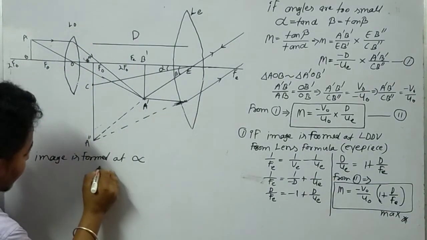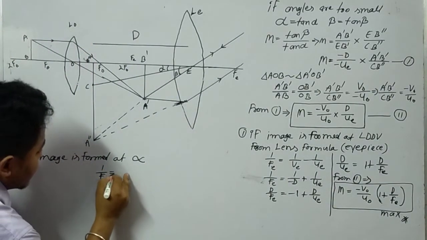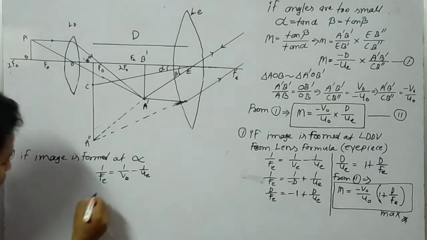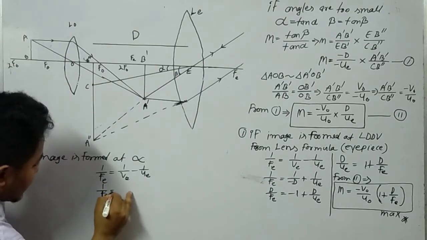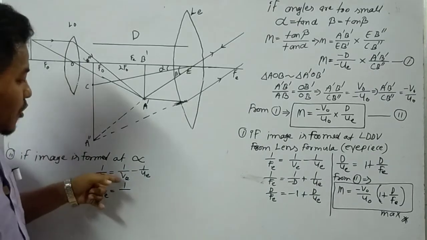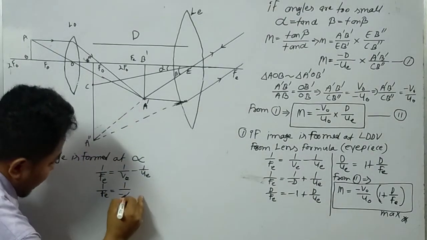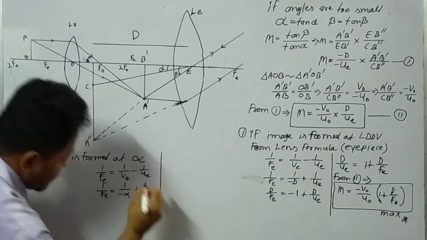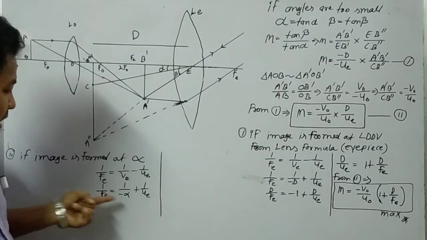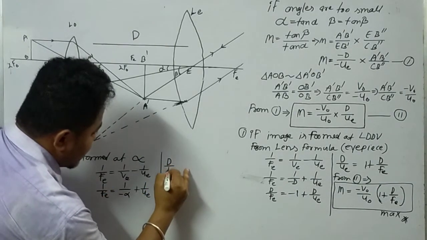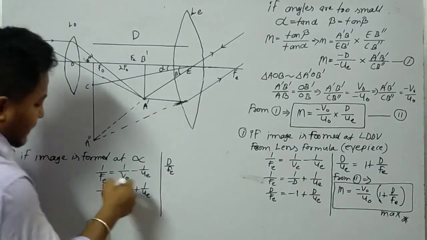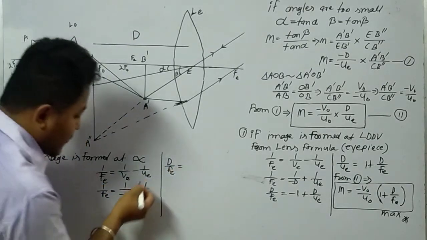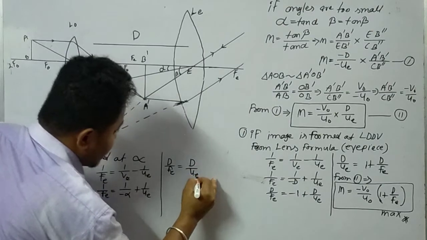So from the lens formula we can write 1/Fe is equal to 1/ve minus 1/ue. So 1/Fe is equal to 1/ve, where the image is forming at infinity, so 1 by minus infinity, plus 1/ue. Again the same process, multiply both sides by d, so it becomes d/Fe. The first term is 0, since 1 by infinity is 0, and 1/u is d/ue.